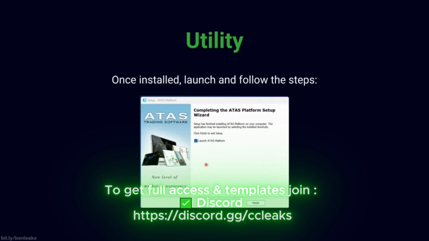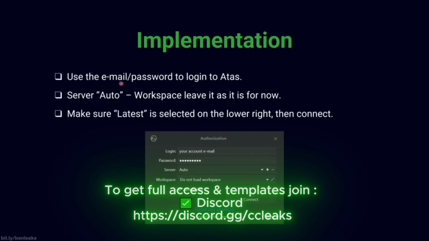Okay, so once installed, launch and follow these steps. Use the email and password that you just used to make your account, and obviously the affiliation code if you have one. If not, just proceed. Set the server to auto, then email and password.